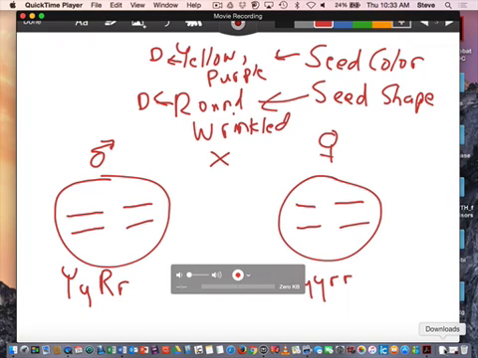So what we're assuming here is these two traits are encoded on separate chromosomes, and that big Y is completely dominant to small y, big R is completely dominant to small r. So what we're going to do is put there big Y, small y, and the other combination of genes over there.